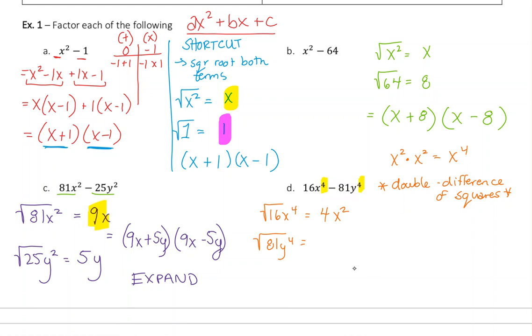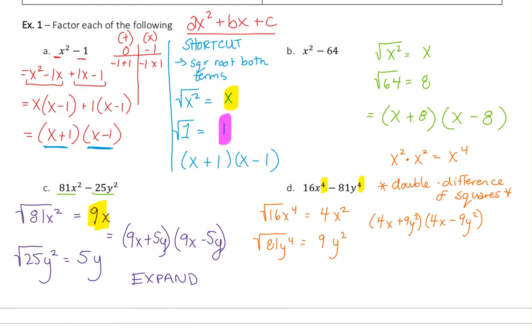Okay, well, what's the square root of 81? That's 9. And the square root of y to the power of 4 is y squared. So you would go ahead and write your problem out. So your two factors, 4x goes to the first portion, 1 is addition, 1 is subtraction. Then you have 9y squared and 9y squared.